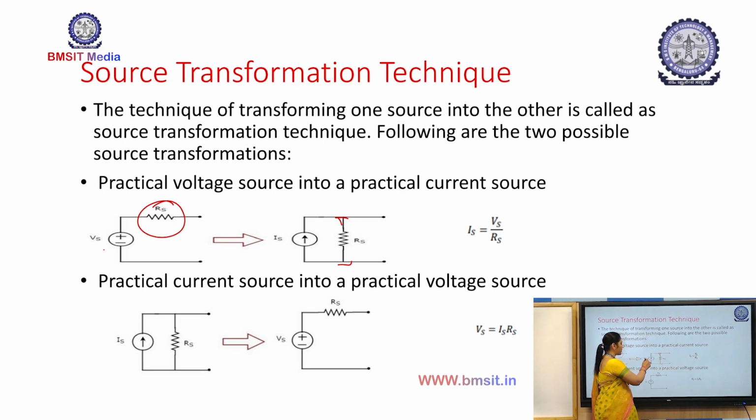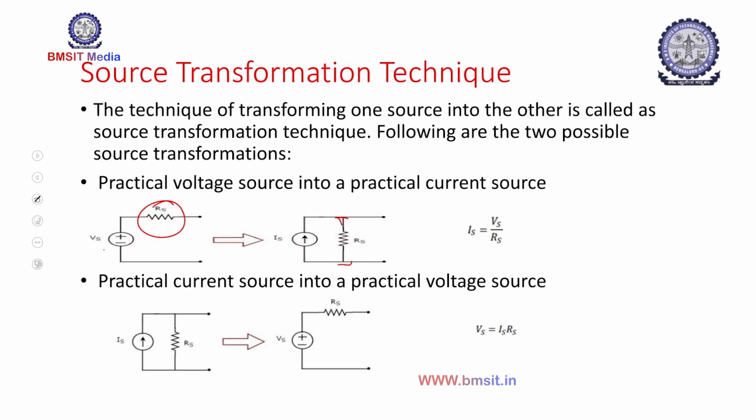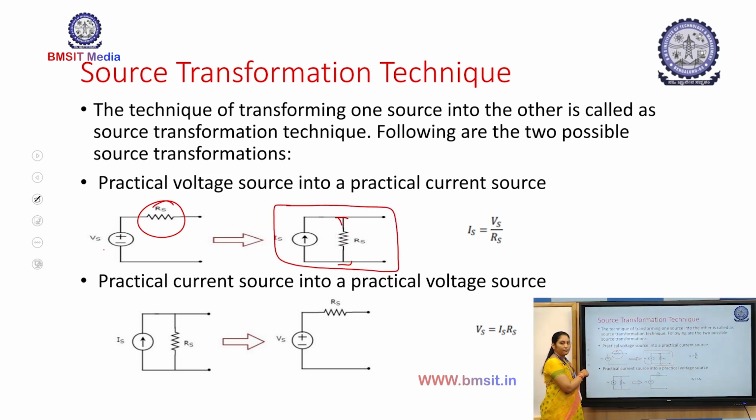This value of the source will be connected across the resistor, and this forms the practical current source, which is transformed from the practical voltage source.